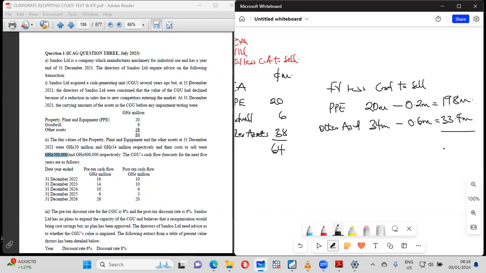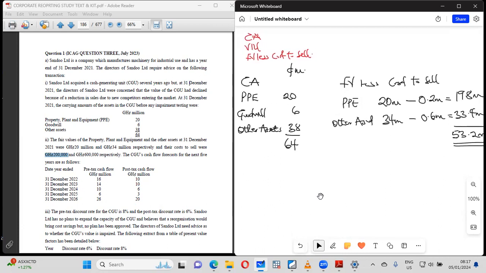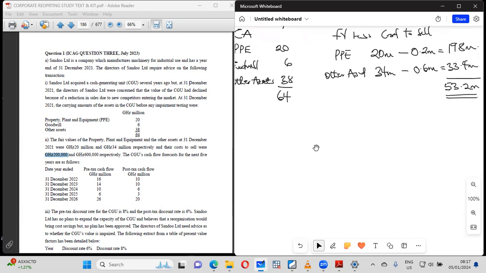So it means my fair value less cost to sell, the total that I have here, will be 53.2 million. So I have my fair value less cost to sell. There's one thing left, which is the VIU. So we will need our VIU, so let's work on it.